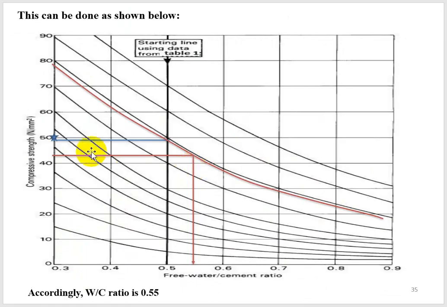Once we get that amount, then we could just draw it and intersect that line with the vertical line corresponding to the water cement ratio at 0.5, and then we draw that parallel curve, parallel to other curves, and then we use the target strength and cross it with the new curve we have drawn using the information provided with the 49, and then as a vertical drop to the x-axis, we get the water cement ratio, which is about 0.55.